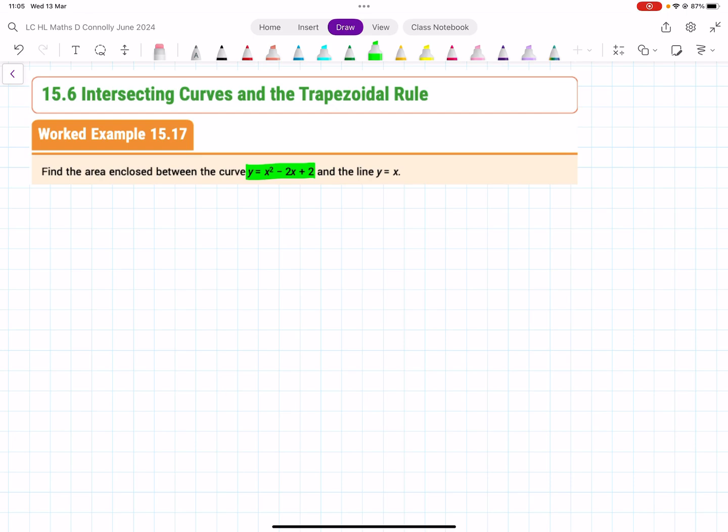I mean, you can sketch it badly. It's not about the sketch, but I just find that it's easier to get the answers right if you sketch it more accurately. So sorry, I'm trying to type this in. x squared minus 2x plus 2 equals that.